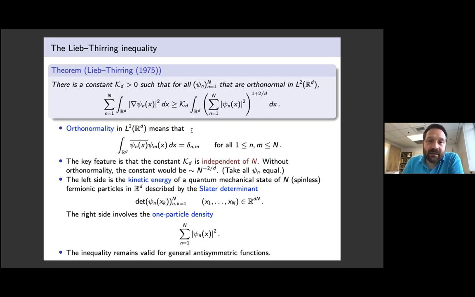And then in the inequality, you have on the left side the quantity that you think you have control over, and these are the gradient squares of the functions. And then on the right side, you have the quantity that you want to control, and that is the square sum of the psi squareds, raised to a certain power.